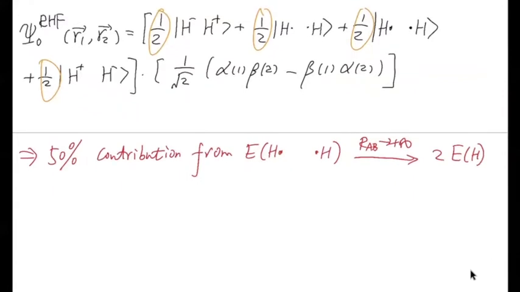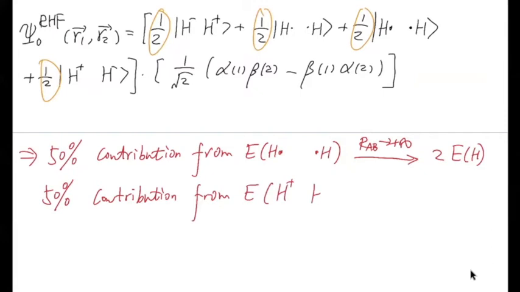But remember, in the restricted Hartree-Fock wave function, we also have 50% contribution from the ionic structure with 1 proton and 1 hydride. And therefore, when the distance goes to infinity, the energy of a proton is 0, of course. There's no electron, so the purely electronic energy for a proton is 0. But then for the other part, you have the energy of a hydride, right?